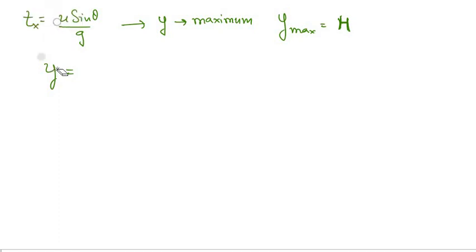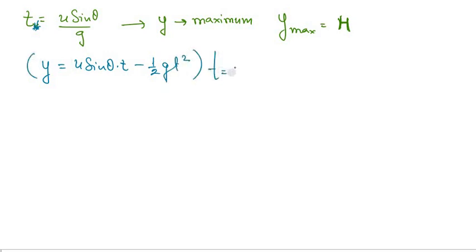Let me call this time t star. So my y equation was y is equal to u sine theta into t minus half g t square. So substitute t is equal to t star and y will be maximum, that will give you h.